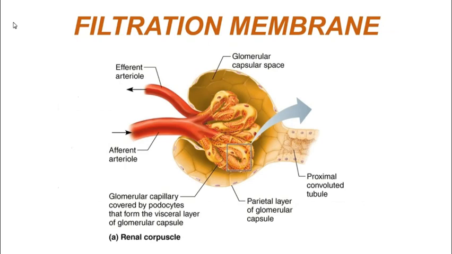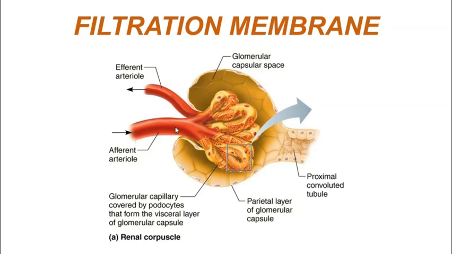So returning back to the filtration membrane, or the place where filtration is occurring at the renal corpuscle, we'll look back at the junction between the glomerular capillaries and the podocytes. Keep in mind here that we've got the glomerular capillaries entering the glomerular capsule here.